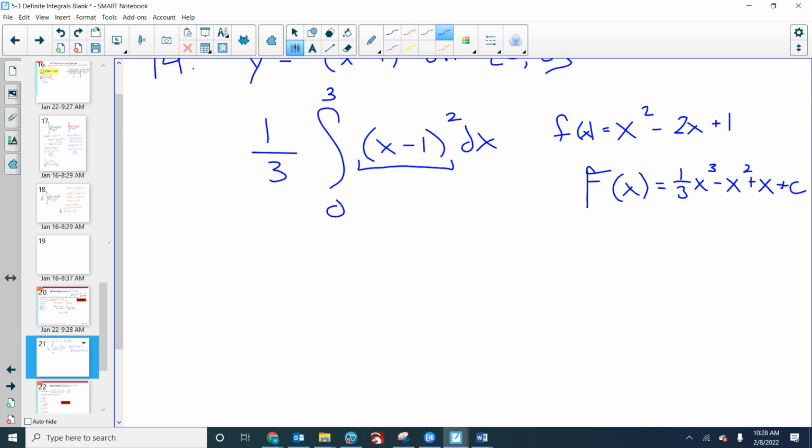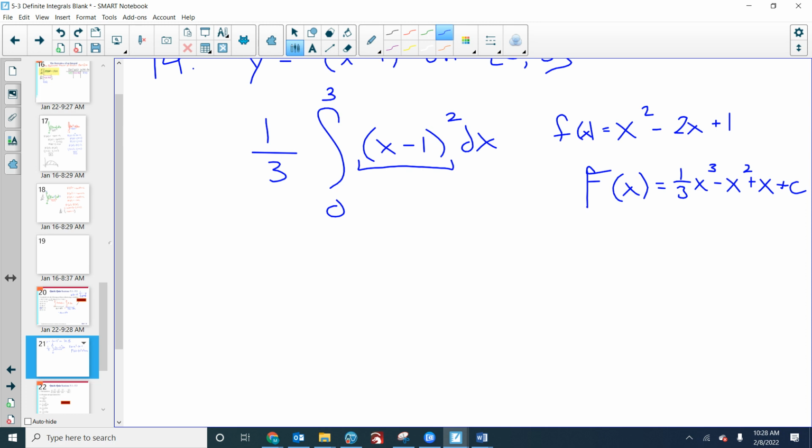Plug in 3, plug in 0, subtract, and then multiply by 1/3. Did you get 1? Are you okay if I stop here? This is the antiderivative. Plug in 3 into here, plug 0 into there, subtract, and then lastly multiply by 1/3. Good? Awesome. That was 14.